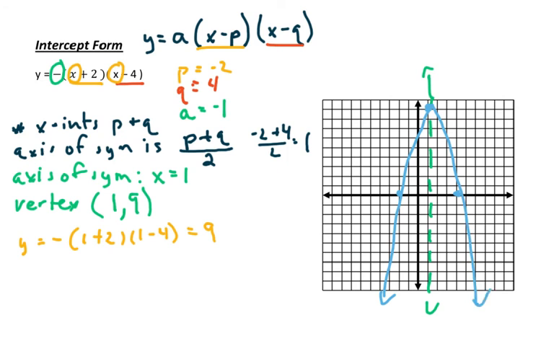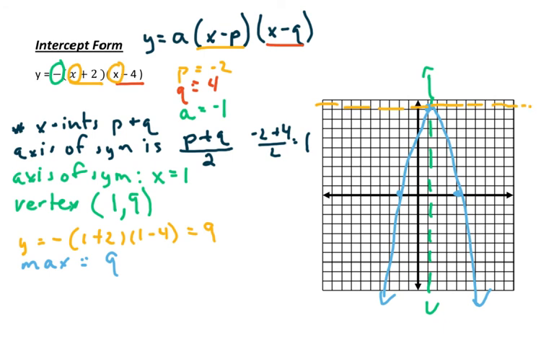Makes sense because my a value is negative. It's going to open down. If it does open down, that means I've got a maximum value. And my maximum value clearly is at 9, as you can see, because 9 is where this graph tops out.